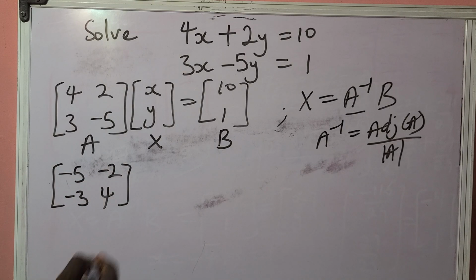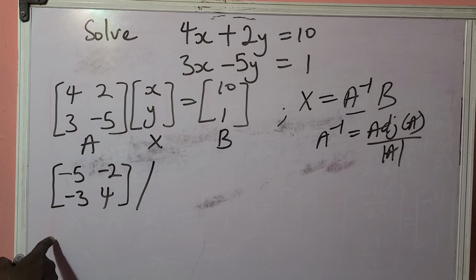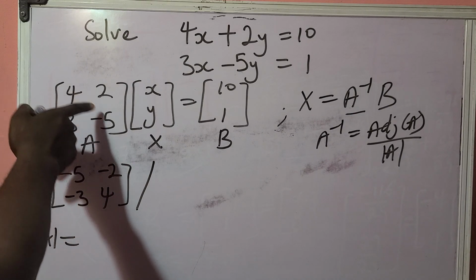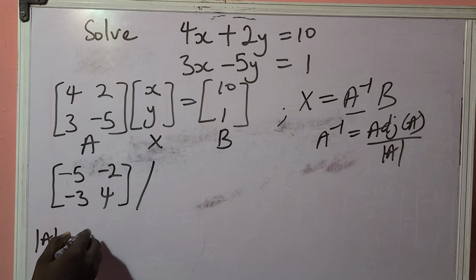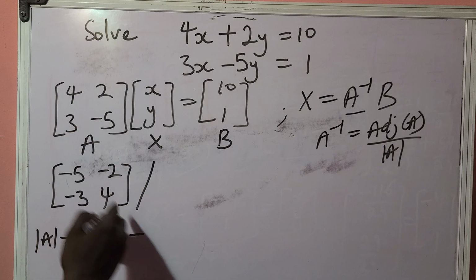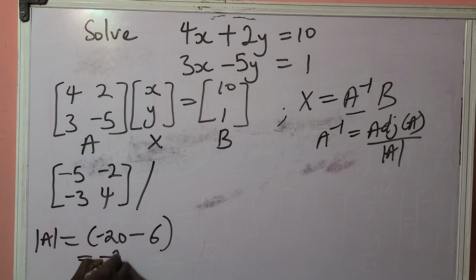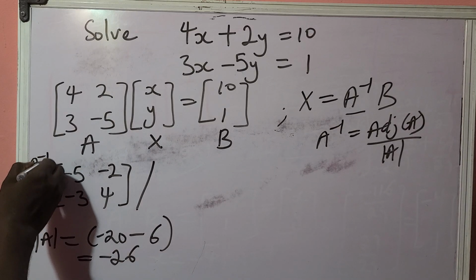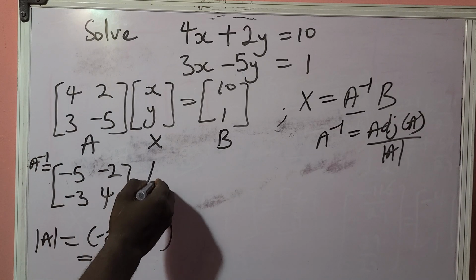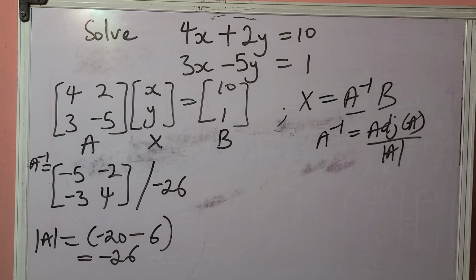Let's go on to find the determinant. So how do we find the determinant? Let's try and attempt to find the determinant right here. This will be 4 times minus 5. That will be minus 20 minus 3 times 2. That will be 6. So we're getting minus 26 as the value of our determinant. So the inverse of A will be equal to adjoint over minus 26.